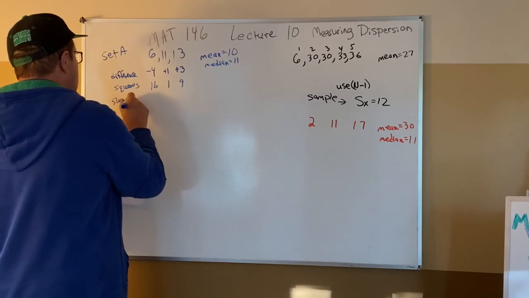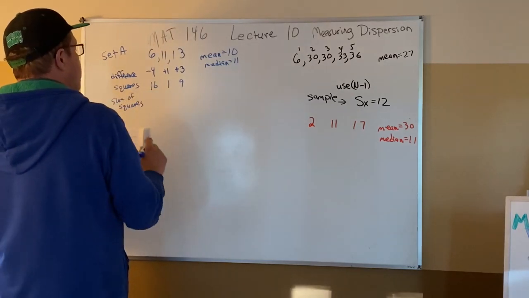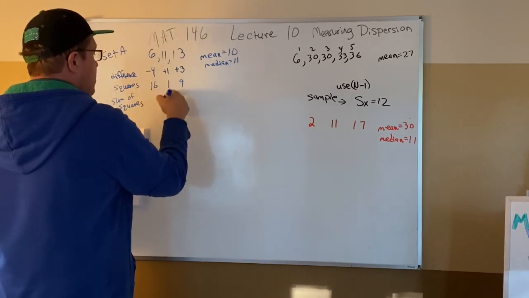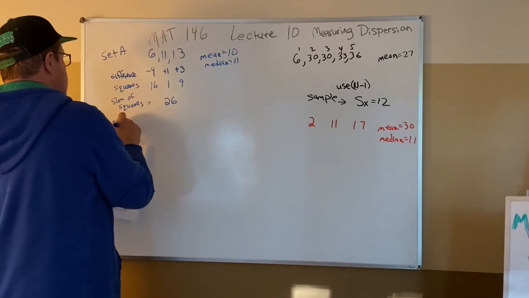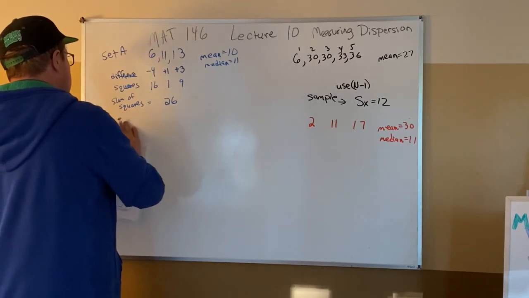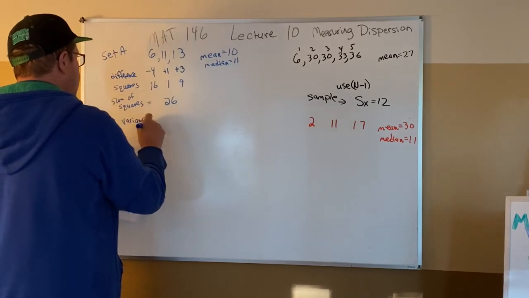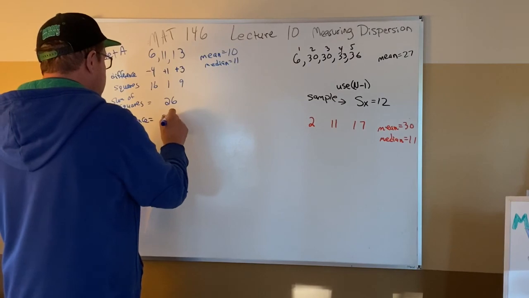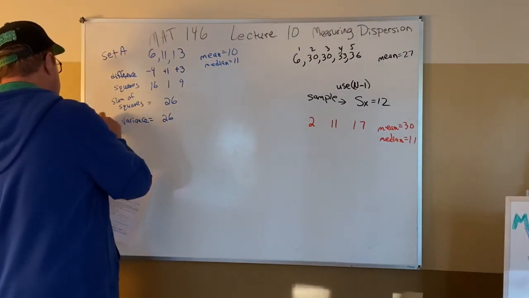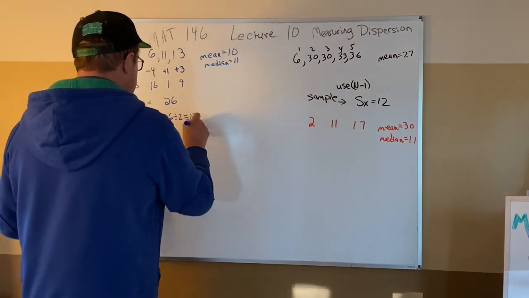The sum of squares will create for you 26. So now if we go for the variance, we take our 26 and divide by n minus 1, which is 2, and we get 13. Let's go to the other one.